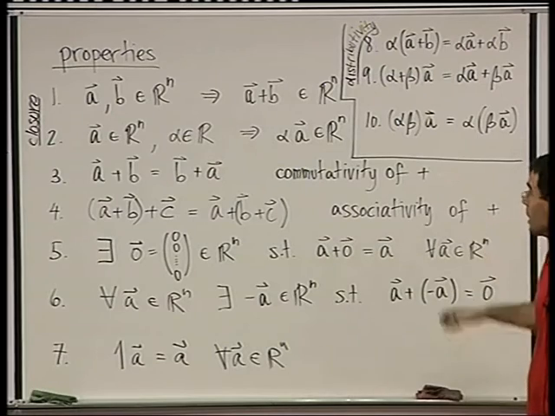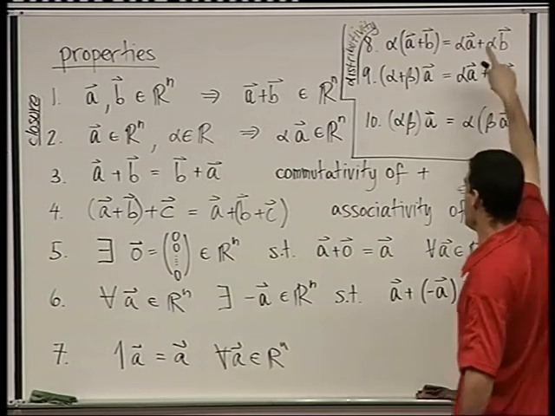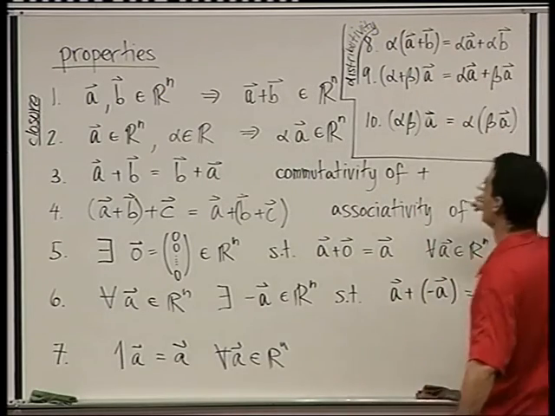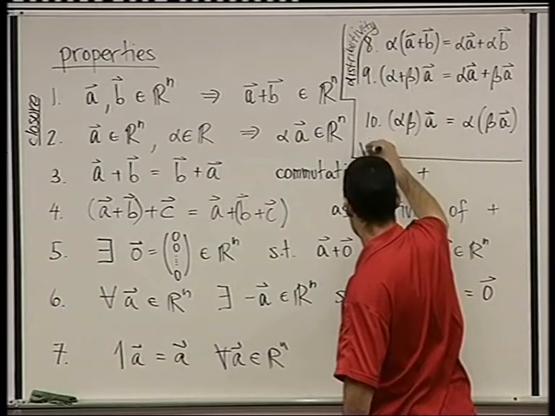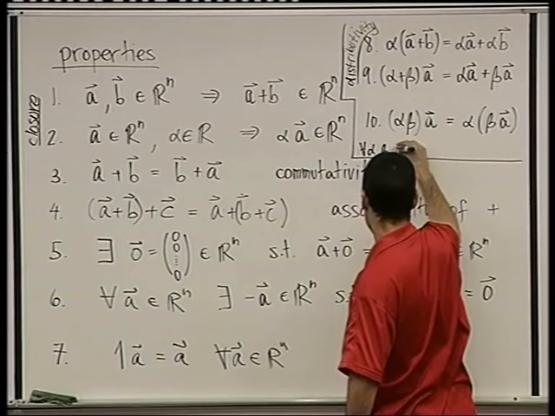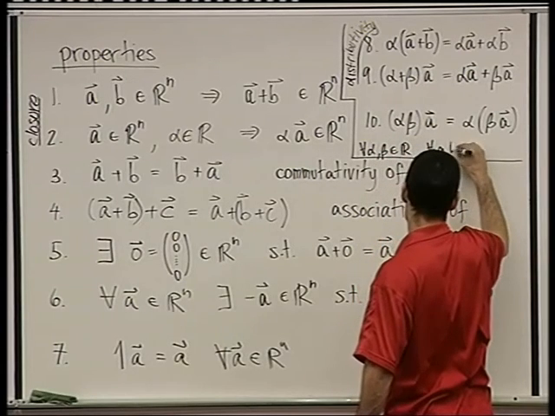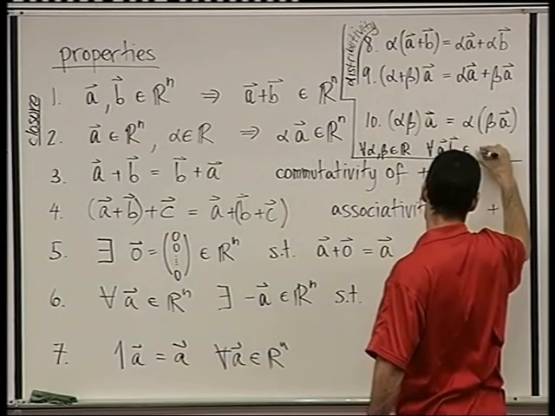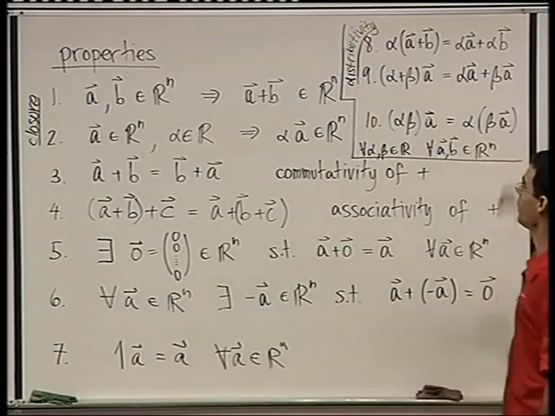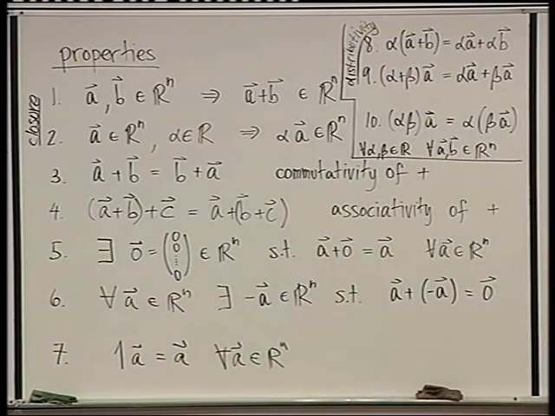Good? Okay. So for all of these, maybe you should add for every alpha beta in R, and for every A and B in Rn. This relates to all these three properties.